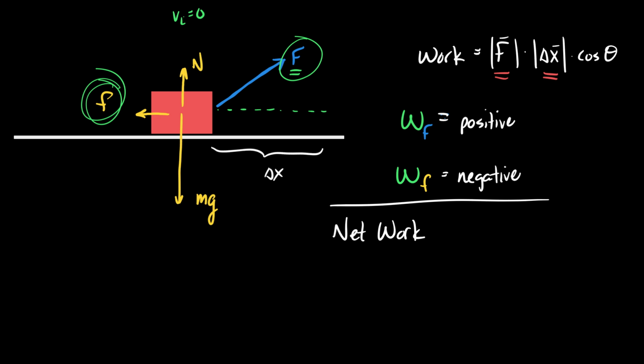That'll be the total amount of work done on the box. There's the work you apply to the box, and there's the work that friction does on the box. If that work is positive, then there'll be an increase in kinetic energy. If that work is negative, then there'll be a decrease in kinetic energy. And obviously, if the net work is zero, there's no change in the kinetic energy of the box.